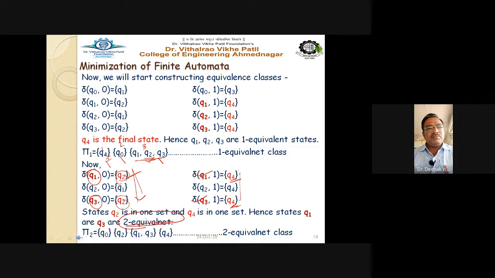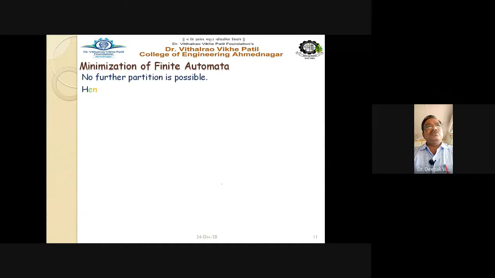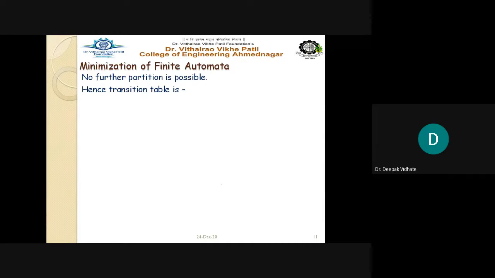So directly write down here pi 2 equal to Q0 as it is, Q2, and Q1 Q3 combined. So instead of two states, Q1 and Q3 now become a single state, and Q4 is separated out. So it is called a two equivalent class, right? So no further partition is possible.